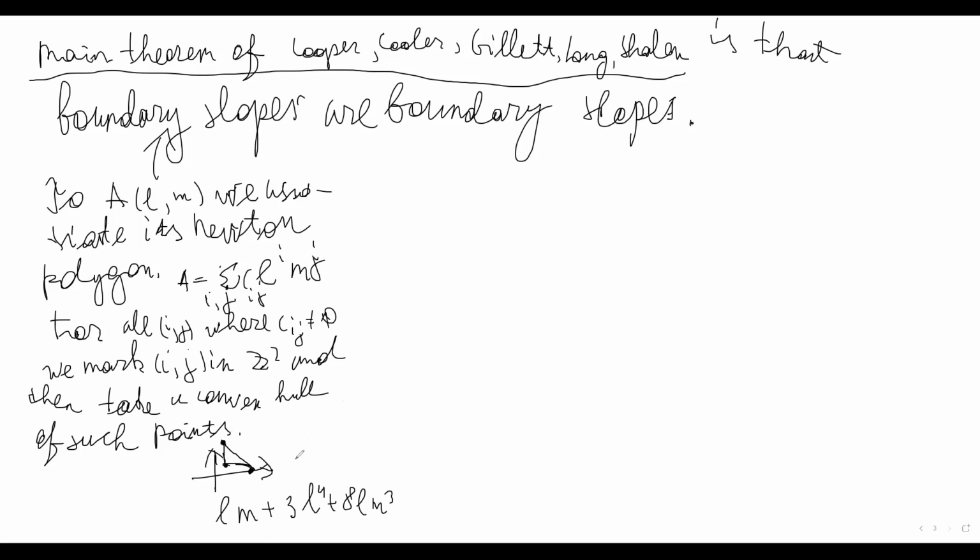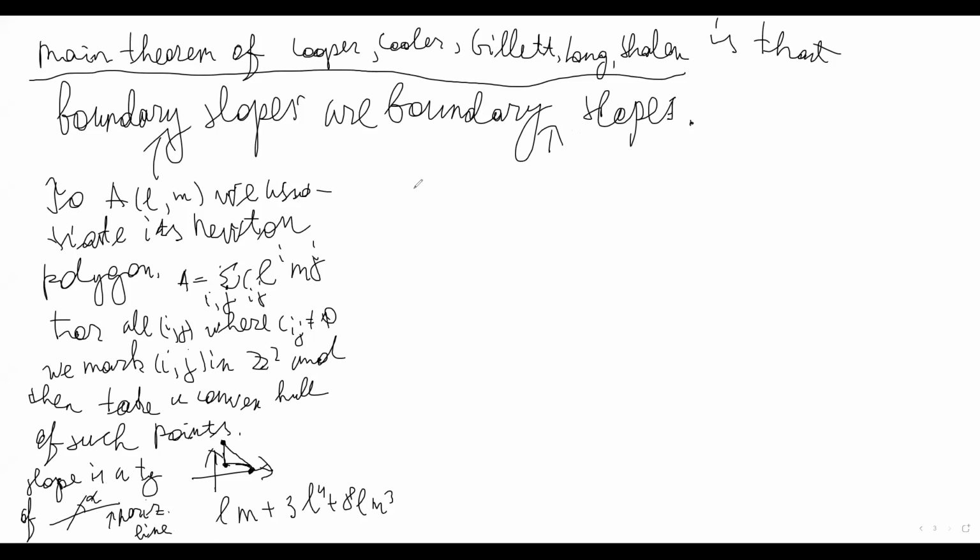Okay, so slope is a tangent of alpha, where this is a horizontal line. Yeah, just the naive way. And the other boundary slopes are what? The other boundary slopes are more complicated.